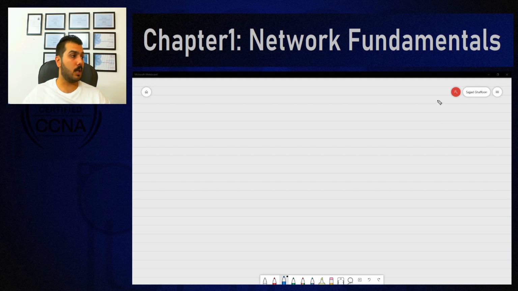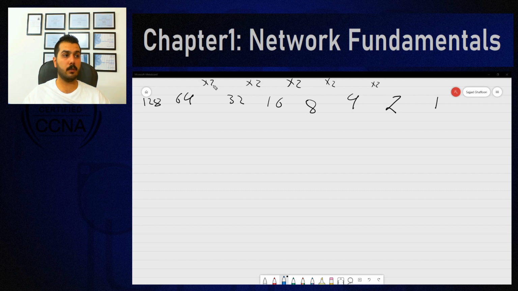So the first rule is you have number 1, multiply it by 2, the result is 2, multiply it by 2, the result will become 4, again multiply it, it will be 8, and then 16, and then 32, 64, 128, and so on. It can even become 256, 512, 1024, and it goes on as long as you are multiplying by 2. How do I make use of this chart?